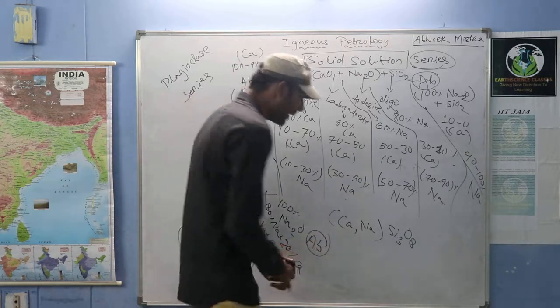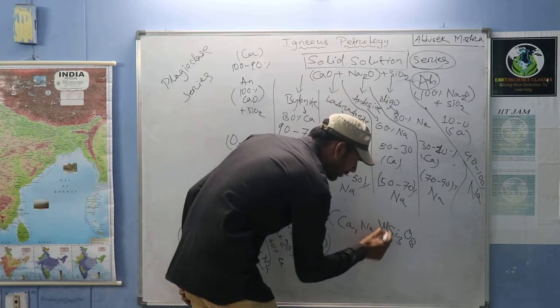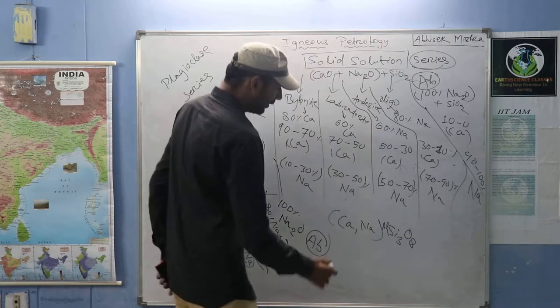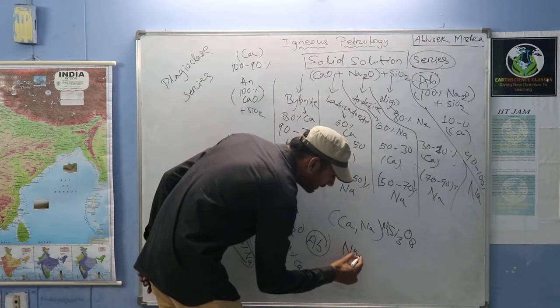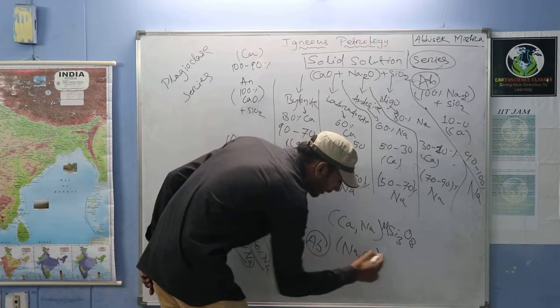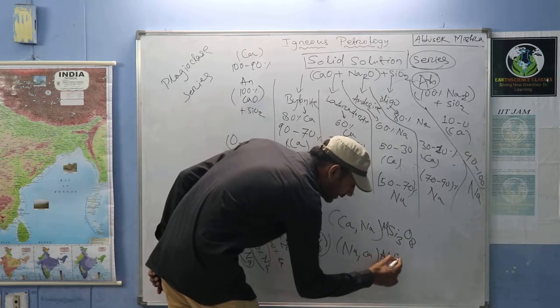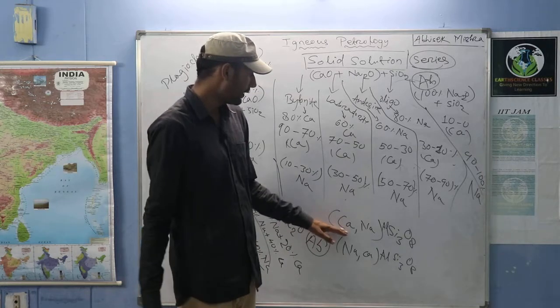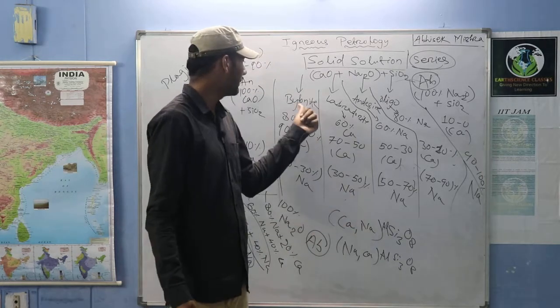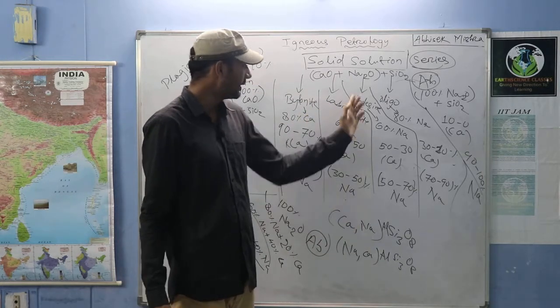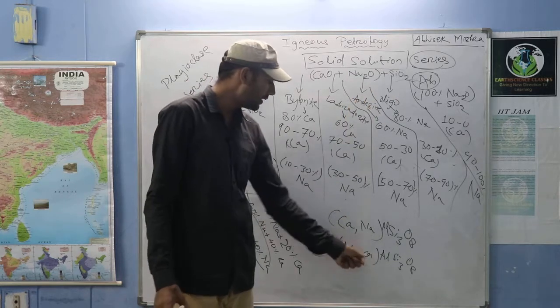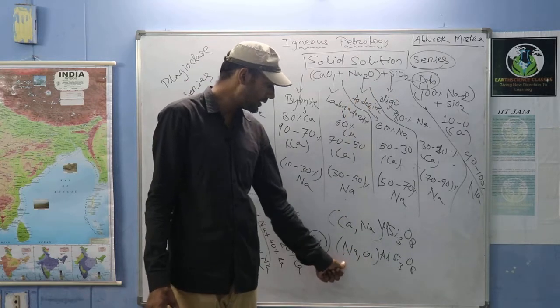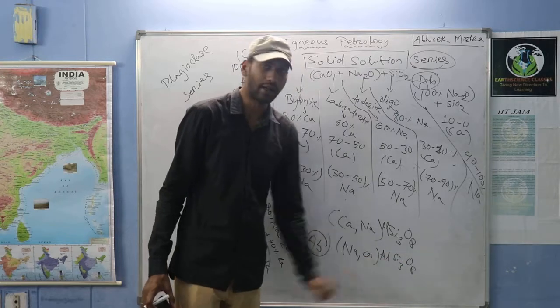So calcium sodium aluminum silicate or sodium calcium aluminum silicate, Si3O8. Either we can say calcic sodic for bytownite and labradorite, and then for andesine and oligoclase, sodium calcium. Sodium is in higher percentage, so sodium calcium aluminum silicate.